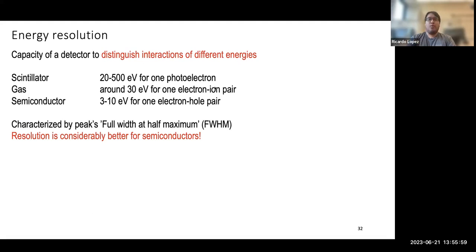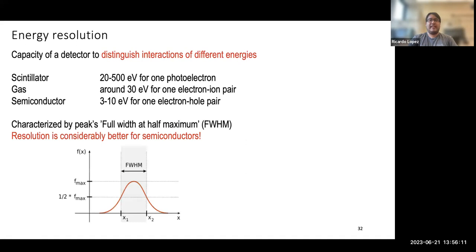And with more of these pairs, or in this case, photoelectrons, you get a lot more statistics or a lot more photons created, say with a scintillator, for example, and that results in better resolution. If you were to characterize or histogram the peaks on a distribution, you would end up seeing this kind of bell-shaped curve or peak, if you will.